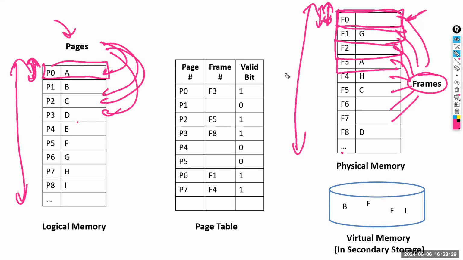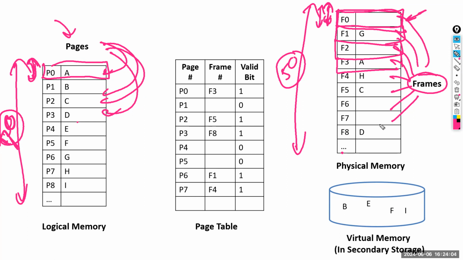If there are 50 frames, possibly there are 70 or 120 pages. Remember, each page size is the same as frame size. What is the reason? Because logical memory is bigger than physical memory. So if physical memory has 50 frames, your logical memory may have 70 pages.